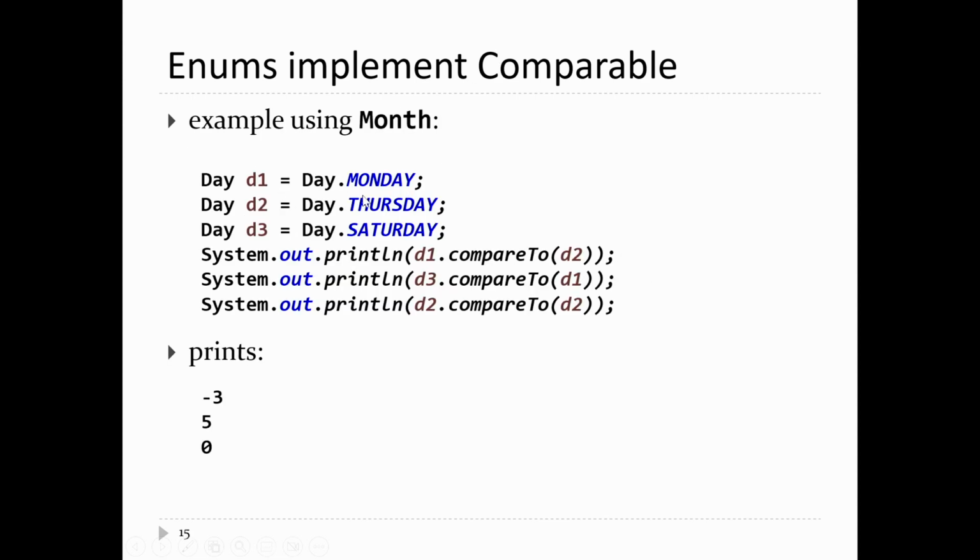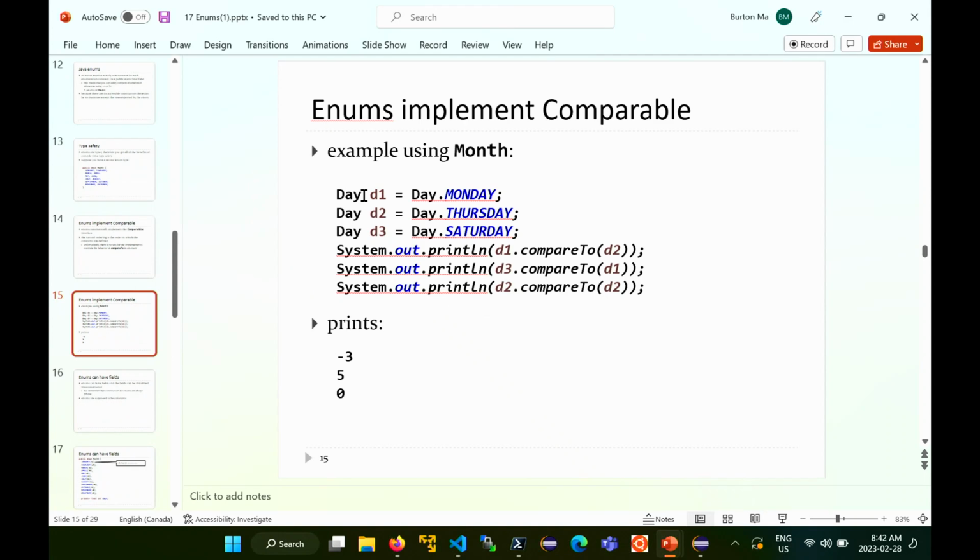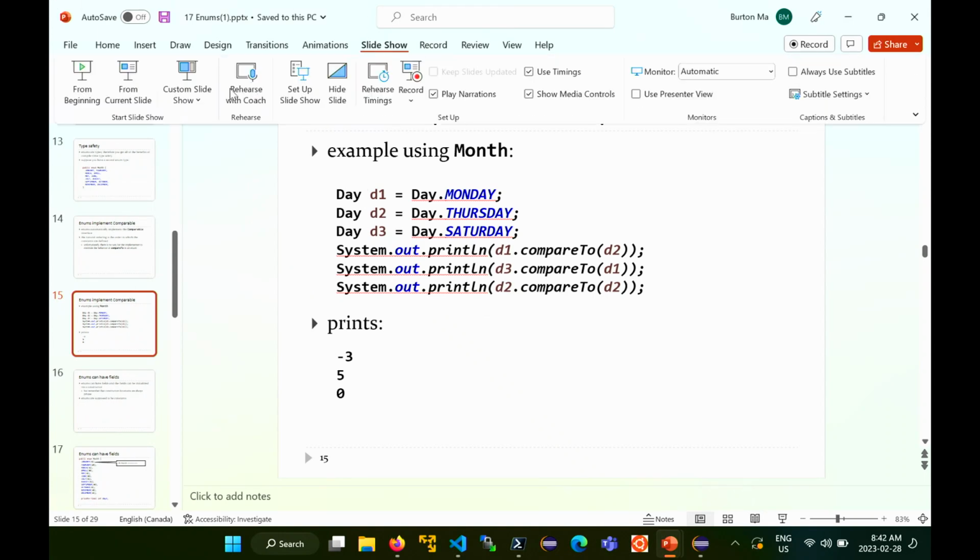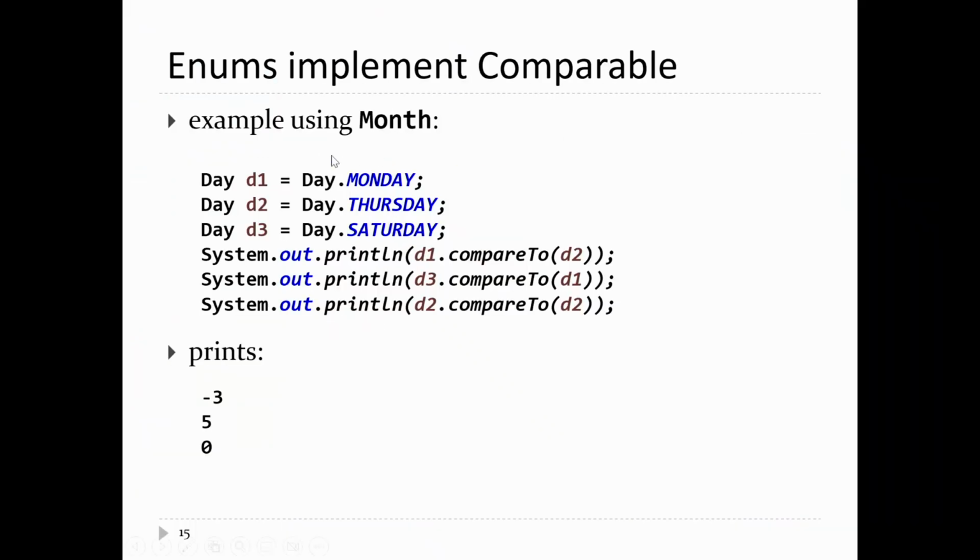So for example, if we have the days Monday, Thursday, and Saturday, and we compare day1 to day2, so we're comparing Monday to Thursday, Monday is less than Thursday. In fact, it's 3 days less than Thursday, or 3 days in front of Thursday.